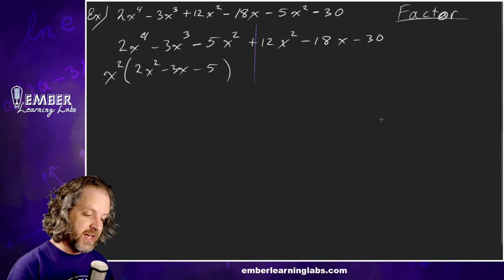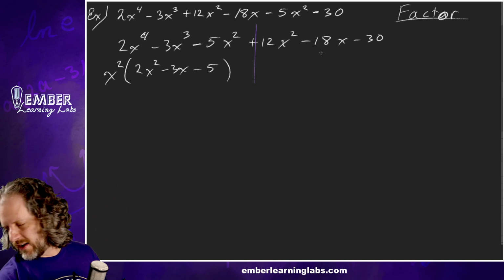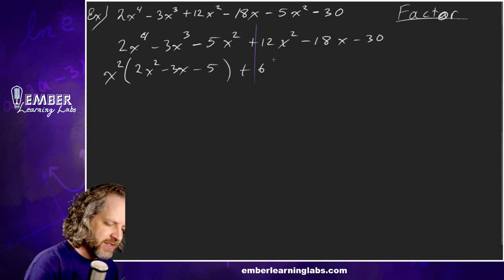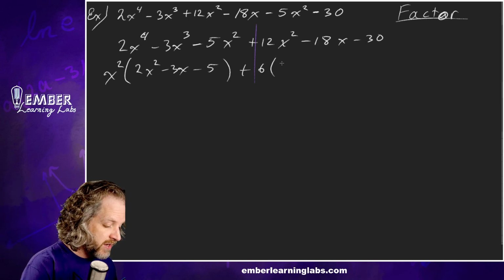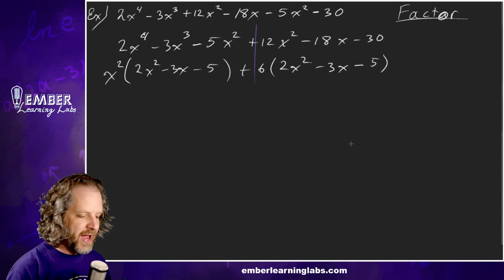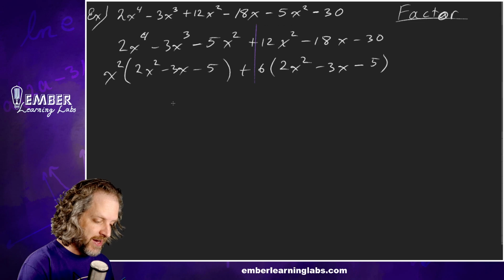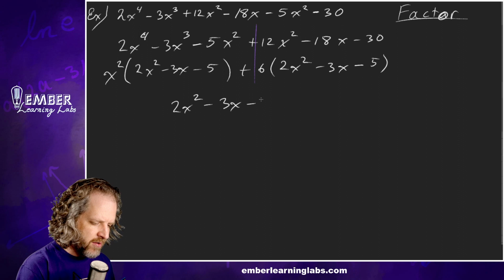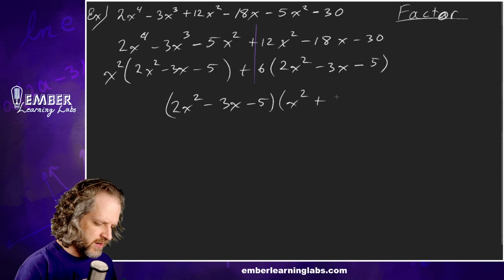Looks like a 6 in common on this side. So plus 6, and then what's left is 2x squared minus 3x minus 5. Look at that, it matches. So we're going to pull out a 2x squared minus 3x minus 5. And then what's left is x squared plus 6.